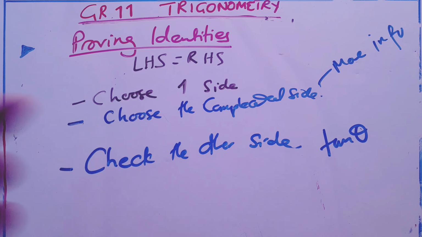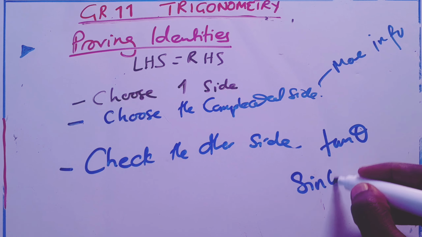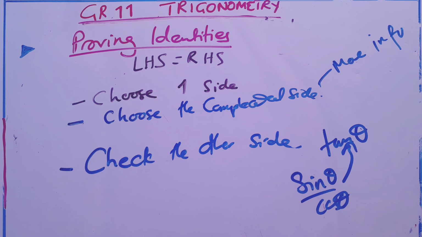It means that on your left hand side you must prove that that identity is equal to sine theta over cos theta, so that it can give you this solution, right? So it means that whatever you are having to prove, you must try to see what is on that other side you are trying to prove, so that you can simplify it, or you can try to go in that direction, right?